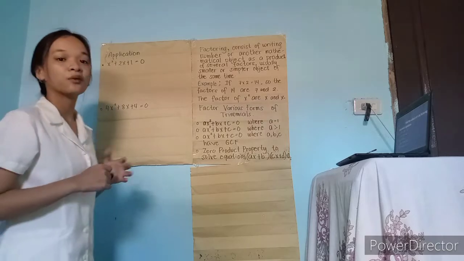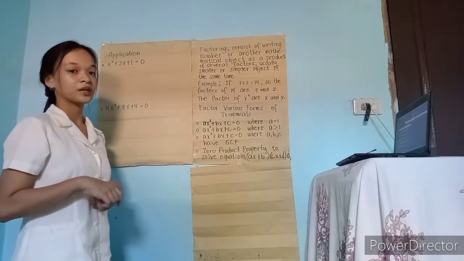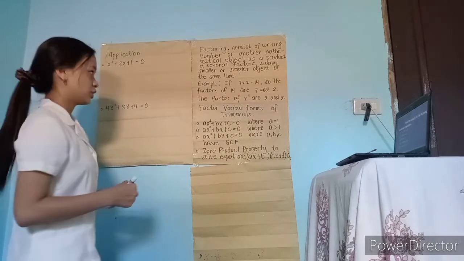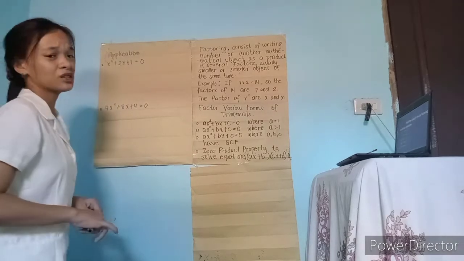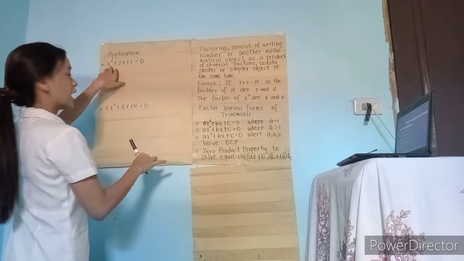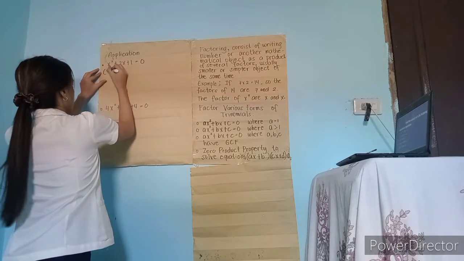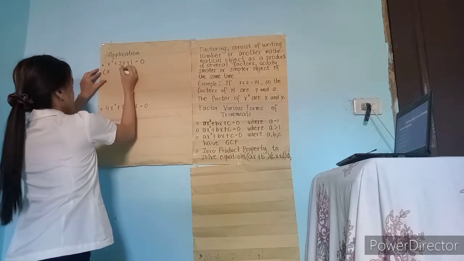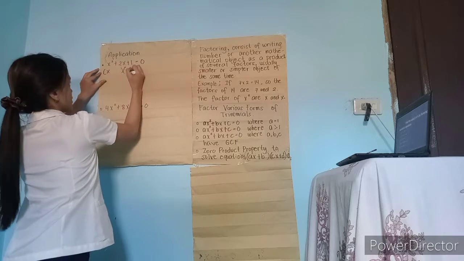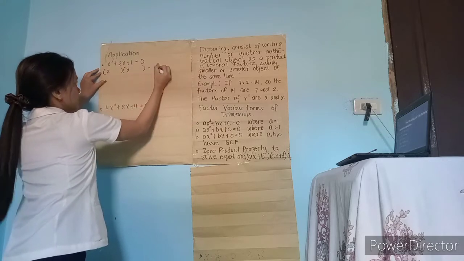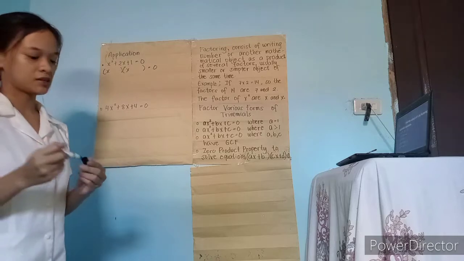Just like what I've said earlier, it is easy to factor this because you just need to factor x squared. So what's the factor of x squared? The factor of x squared is x and x, right? So x and x.